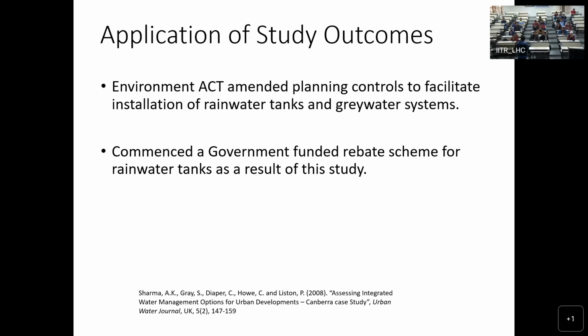So these types of studies can help in providing information to the policymakers. This is just one example; you can use different tools and different studies for informing policymakers, the government, and the regulators.